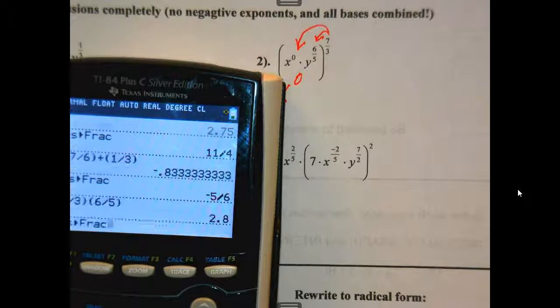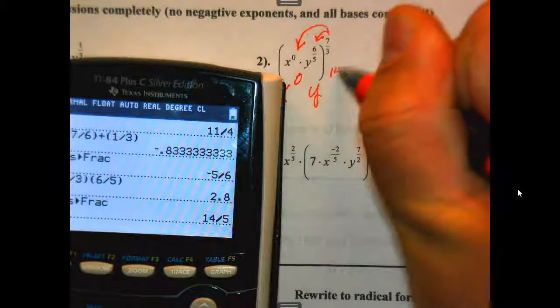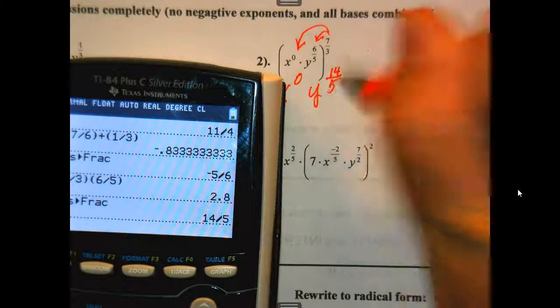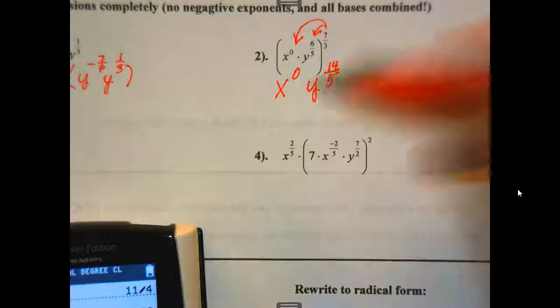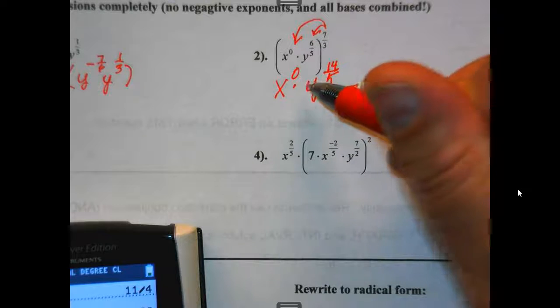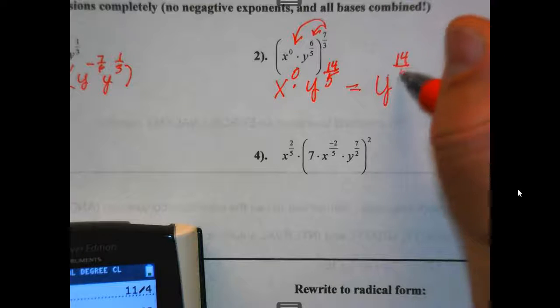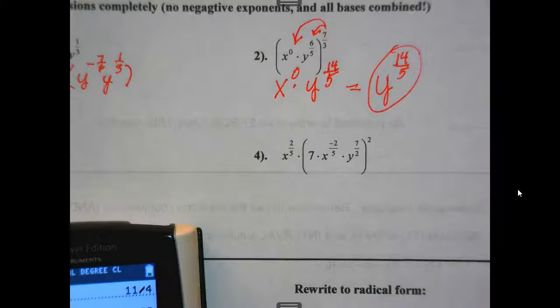Math, enter, enter. And I get 14/5. Okay, x to the 0 is just 1. I could leave it like this, or I could just put y to the 14/5. Either way, I don't care.